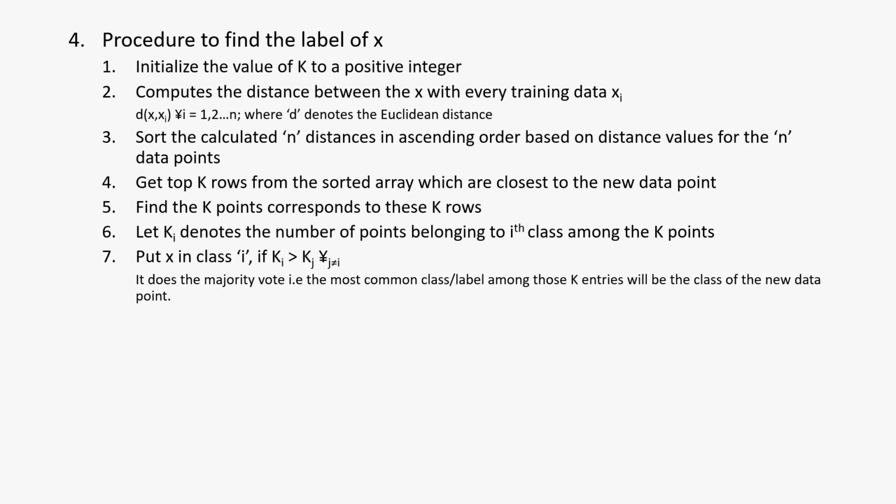The fifth step is to find the K points closest to the unlabeled data point. The sixth step is to count how many points belong to class A and how many belong to class B. The last step is to do a majority voting. Based on that, the unlabeled data will be classified to the class which has the majority vote.